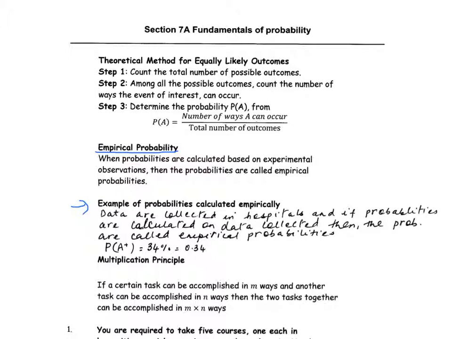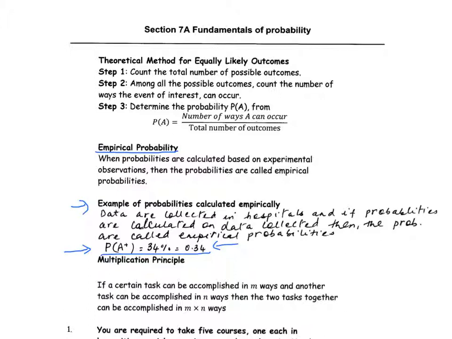So let's assume that data are collected in a hospital. And based on that collected data, if the hospital gives this result, probability that some random person in the United States is blood type A positive is 34% or 0.34, then that's called empirical probability.